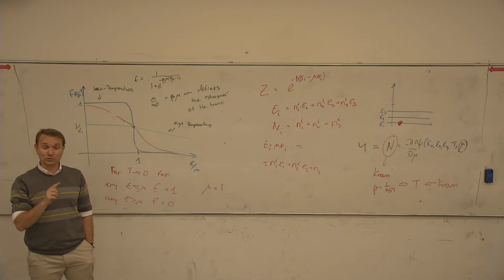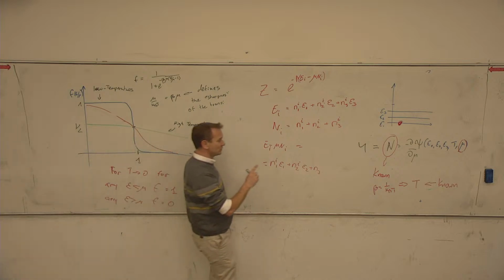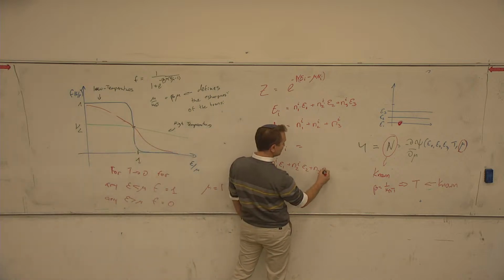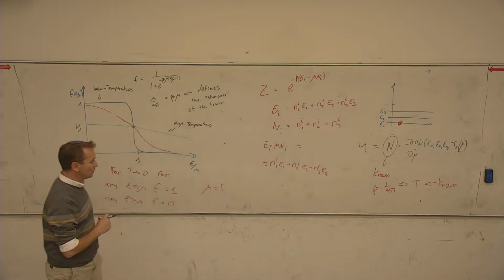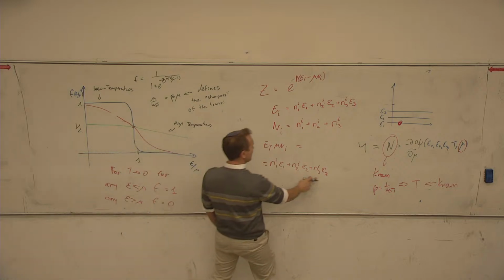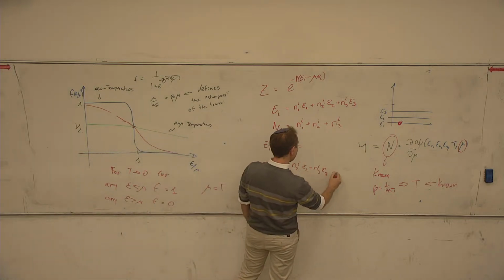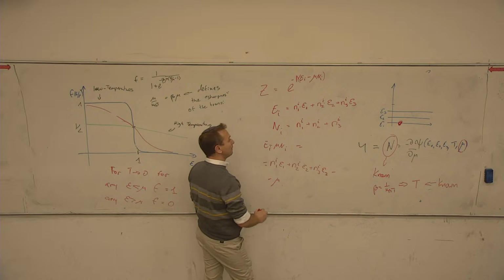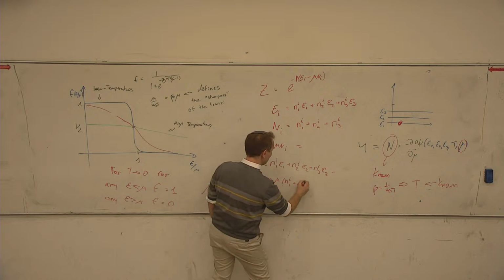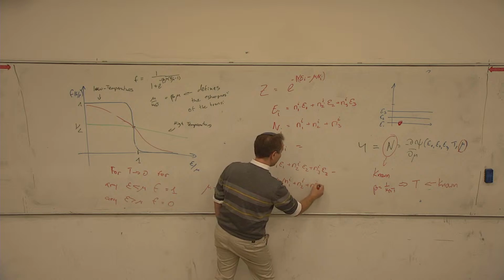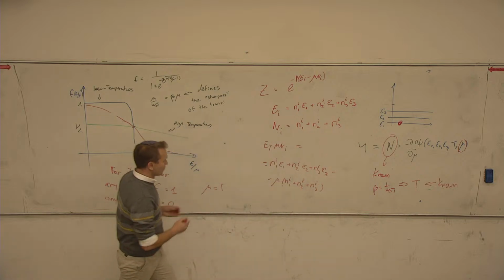Why can I do all those tricks? It's the point of factorization. And if you missed it last lecture, it's important to notice it again. So this is the sum of the energies, and I have minus mu times N1i plus N2i plus N3i.